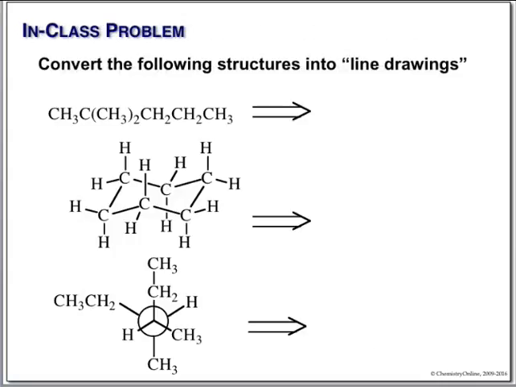All right, let's go ahead and take some structures and just practice making line drawings. Nice simple exercise. We have, first of all, a condensed structure. What we want to do when we draw a line drawing is, number one, determine the longest continuous carbon chain.